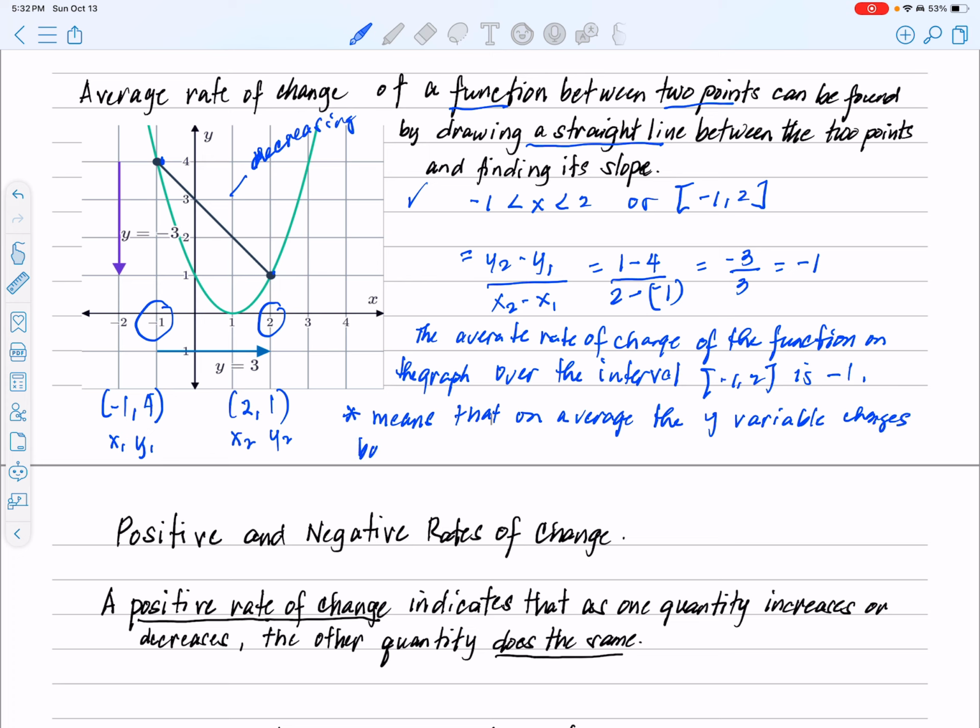How does it change? By -1. Since there is no unit, you just write units. For every, since we have to consider the independent values, change in x, every unit or every time there is a change in the x variable.